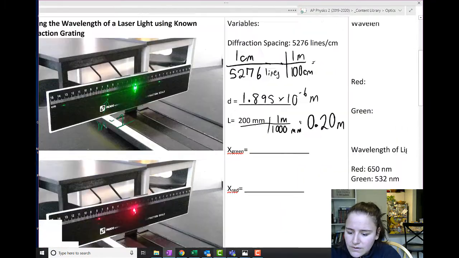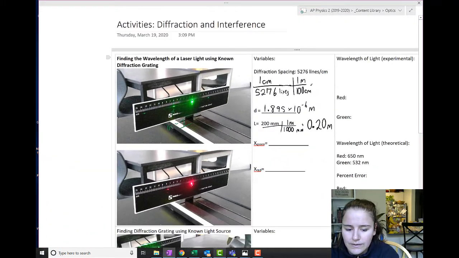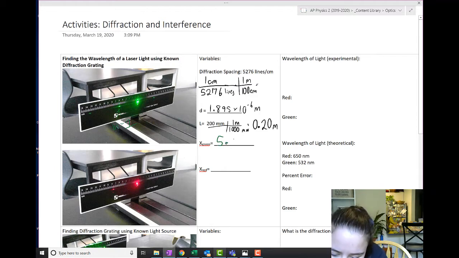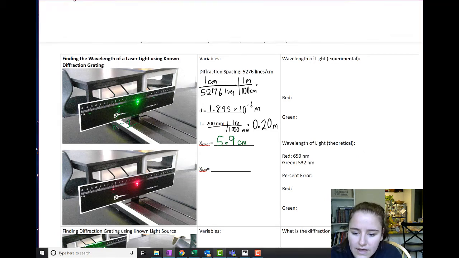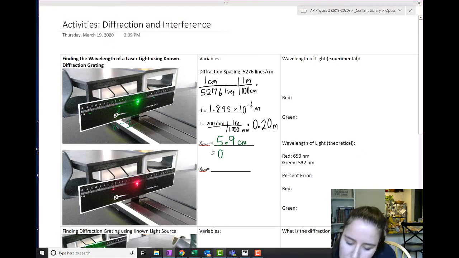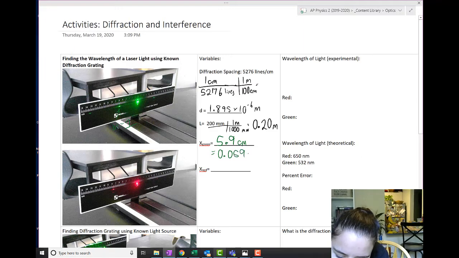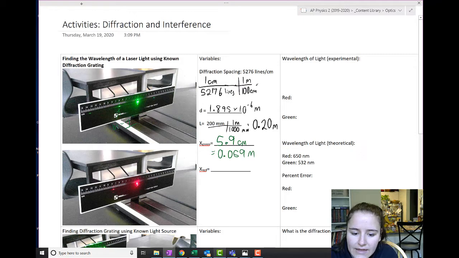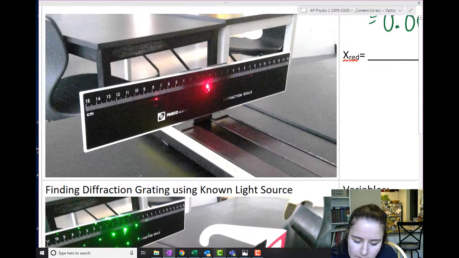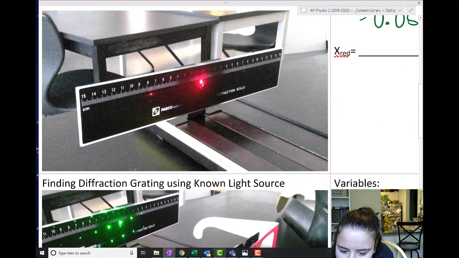So we're going to go ahead and go with that number. 5.9 centimeters, and that is equal to 0.059 meters. Now for the red, let's go ahead and zoom in on that.